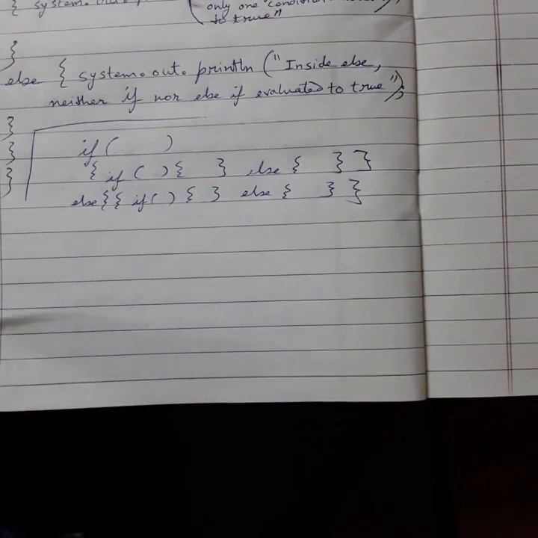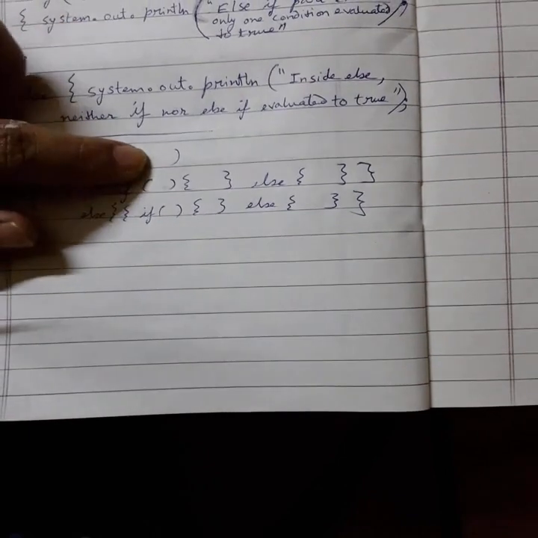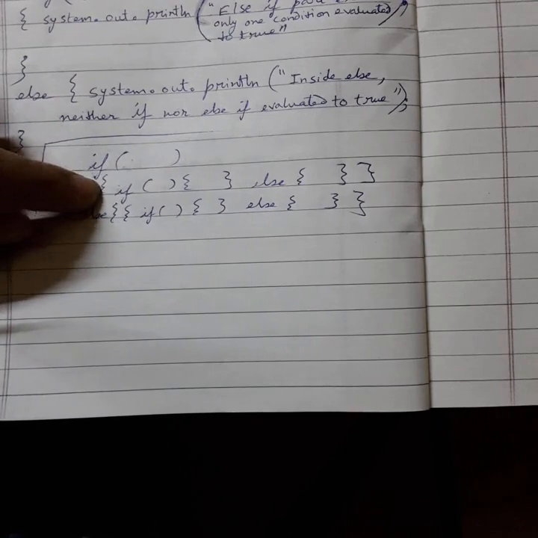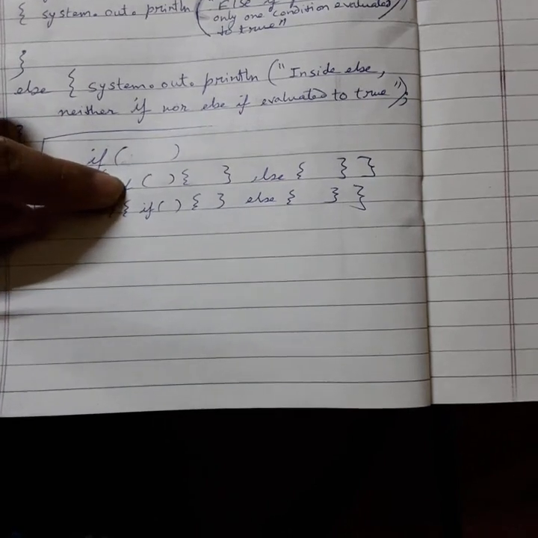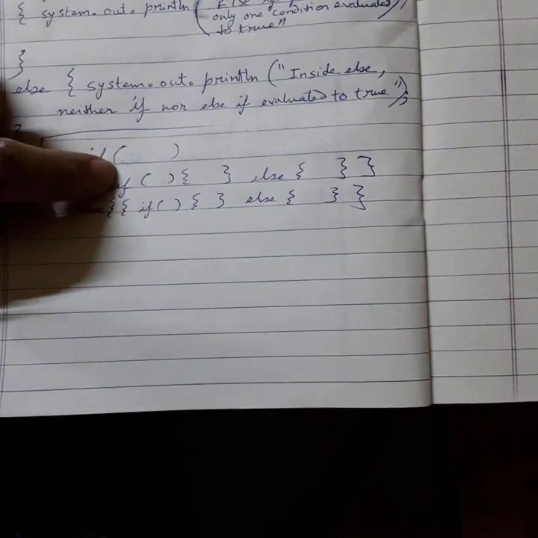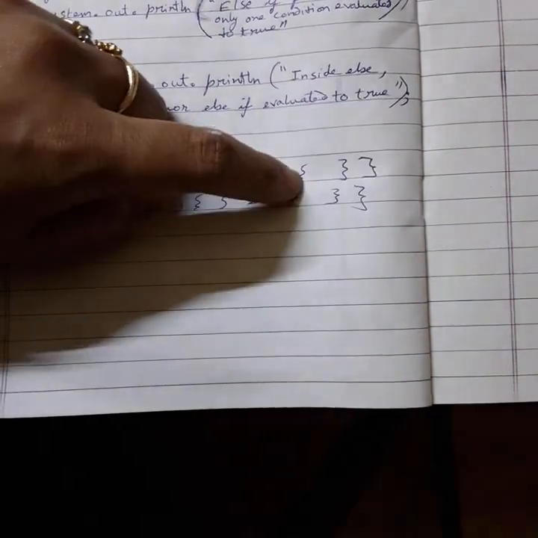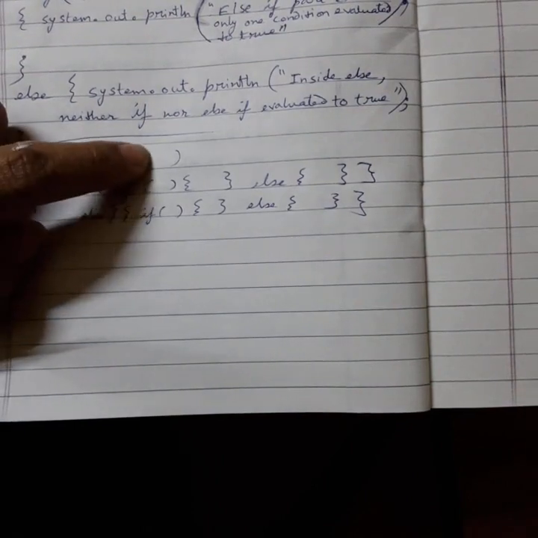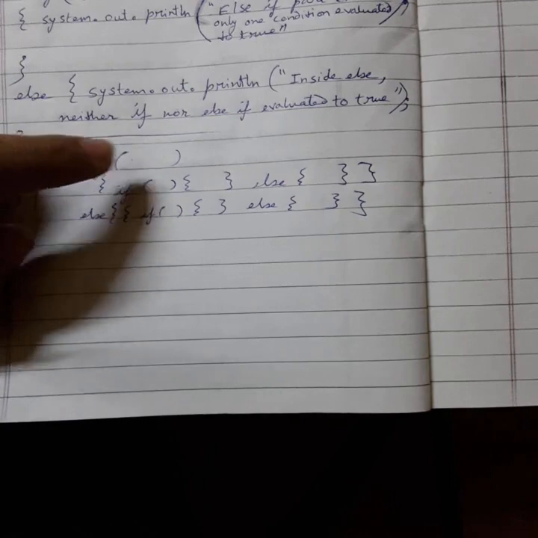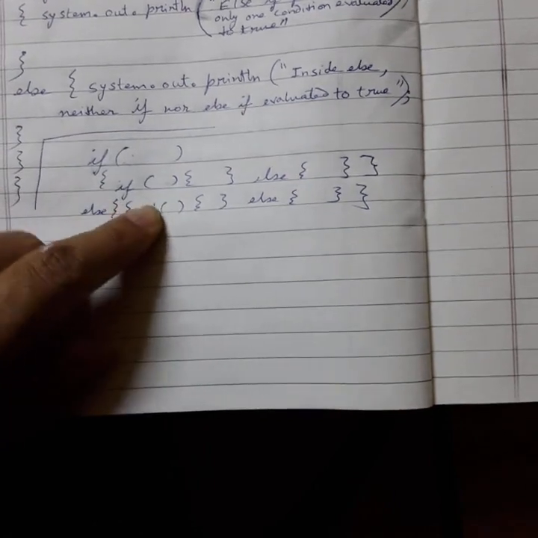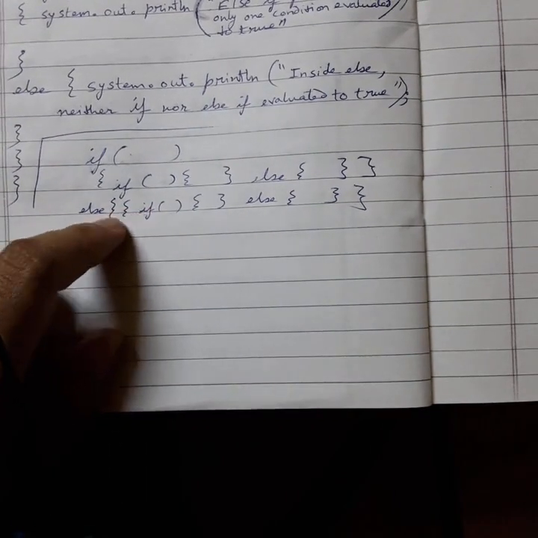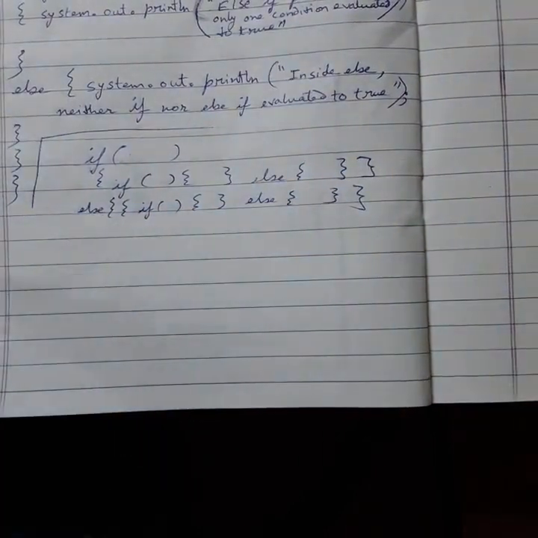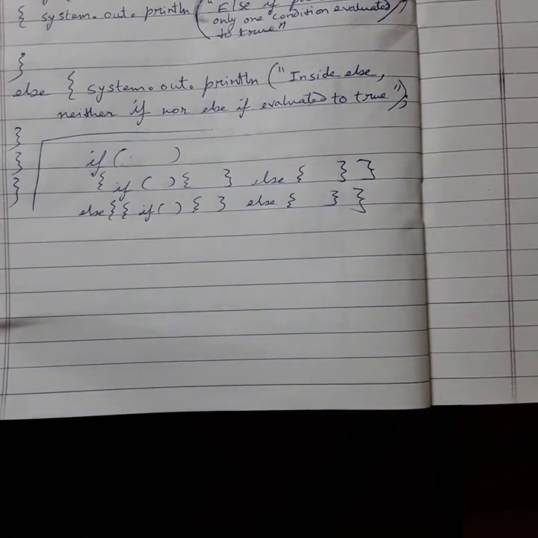This is how a nested if else looks. If a condition is met true, then it enters the if part, inside which there is another set of if else: if this is true then execute this, else execute this. Or if the first does not turn out to be true then come to the else part. Again there is a set of if else inside the else part: if this is true then execute this, else execute this. So this is nested if else.